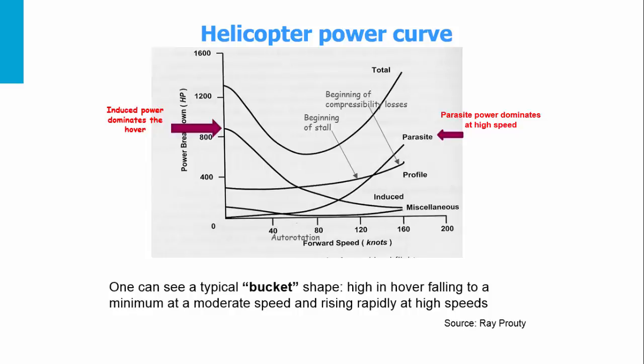The profile drag power is slowly increasing with the velocity. One will obtain the so-called bucket shape of the required power, where we see that the required power is high in hover, is falling to a minimum at a moderate speed, and then is rising again at high speeds. So this is the so-called bucket shape.